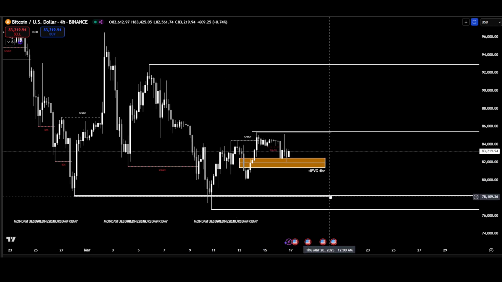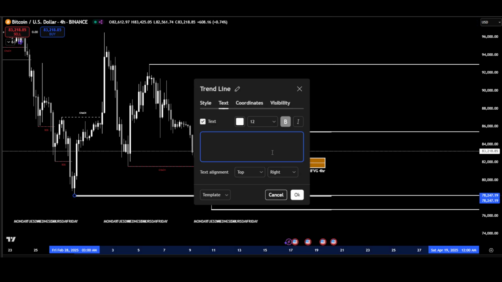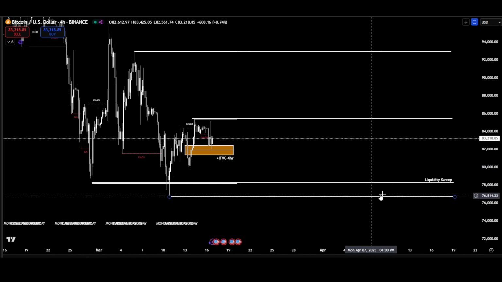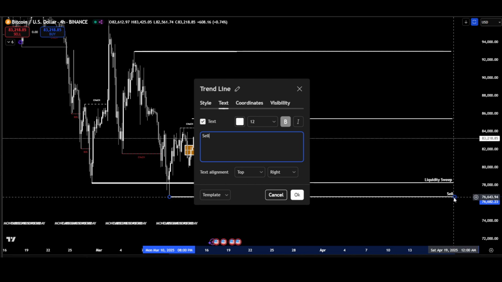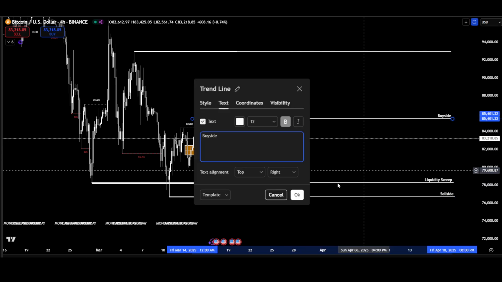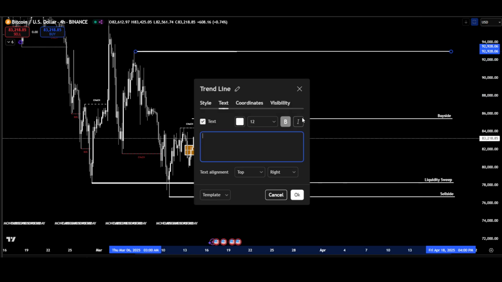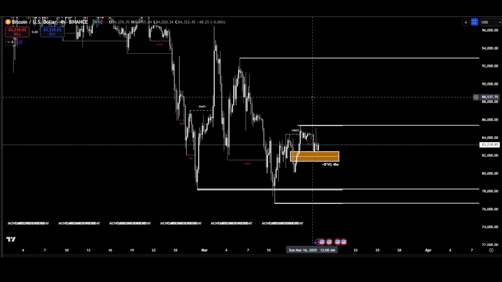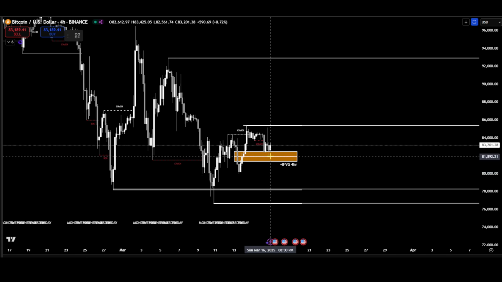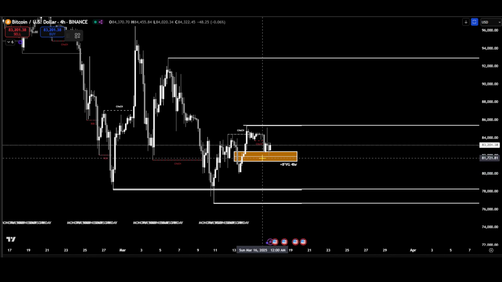And here we saw that liquidity sweep, and here we got sell side, and we got buy side, and we got additional buy side up above. Okay. And ultimately, I'd just be looking for this inverted fair value gap to be my main indication of whether price is going higher or lower.